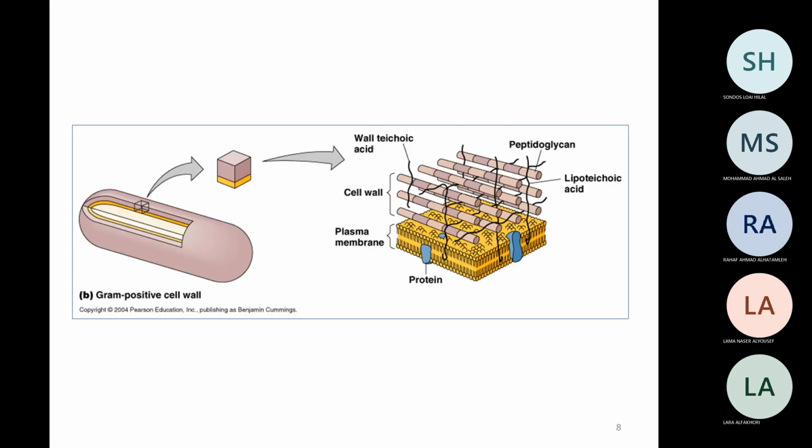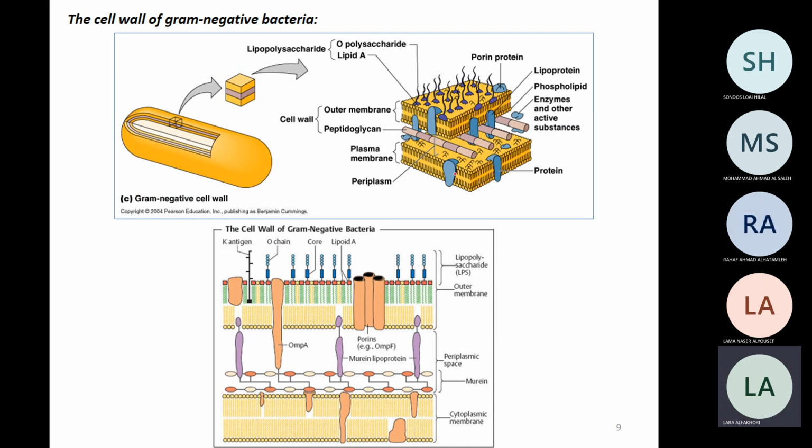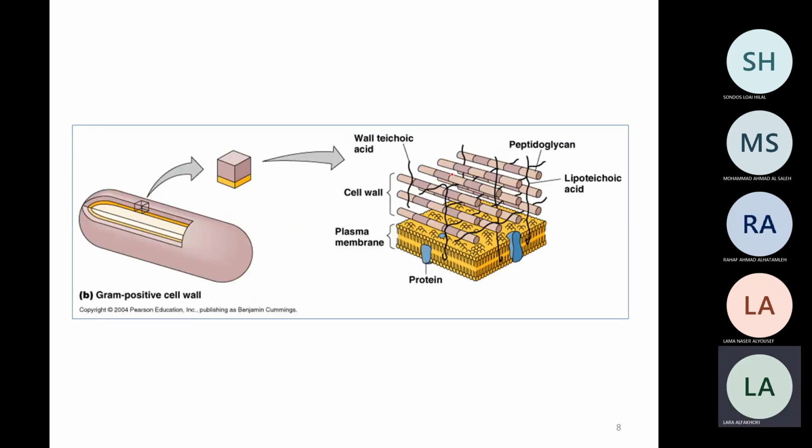Okay. Now again, the variation between gram positive and gram negative is that the gram positive has a much thicker, let's say, peptidoglycan layer, right?